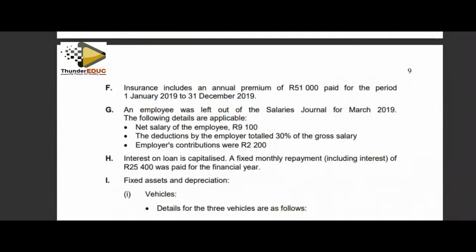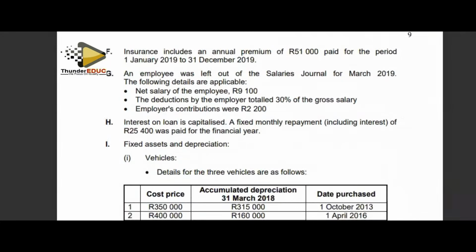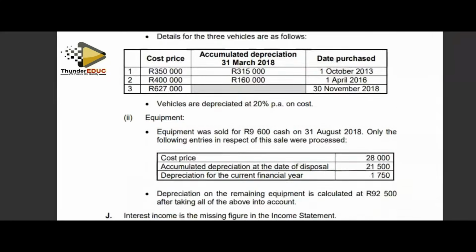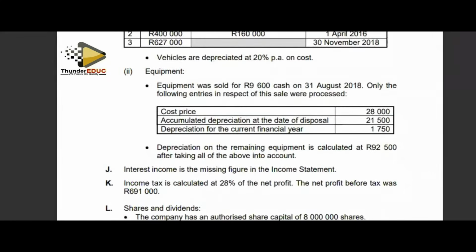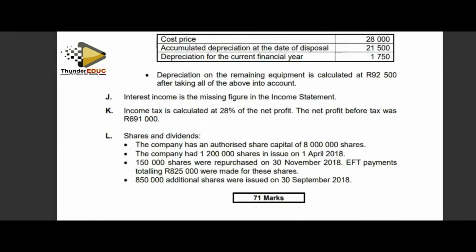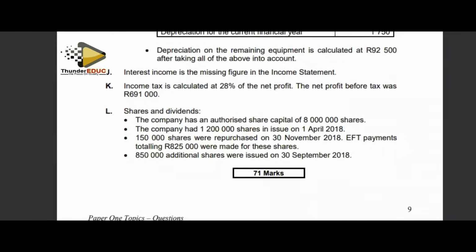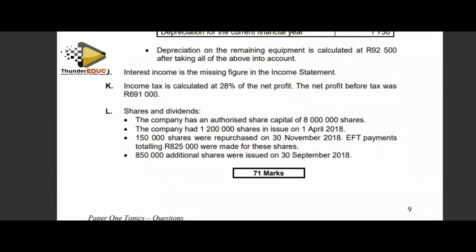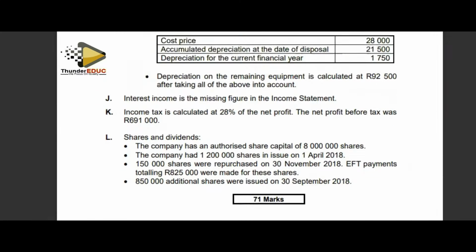What is it affecting here? We need to check. This is for interest on loan, so it doesn't affect our cost of sales. Equipment sold for that. Interest income is the missing figure in the income statement. Then we have shares. I'm looking for something which is affecting our figure here. That is income tax.